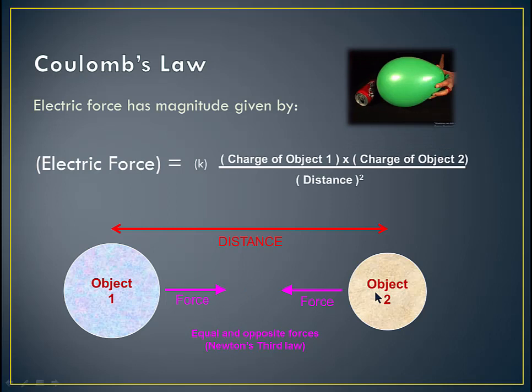So practically speaking, how does this work in real life? From calculating the chances of lightning strikes to building semiconductors and electronics to doing simple static electricity experiments, Coulomb's law is at work here. So a classic thing is you take a balloon, which is a plasticky material, and you rub it on a fleecy, woolly material.